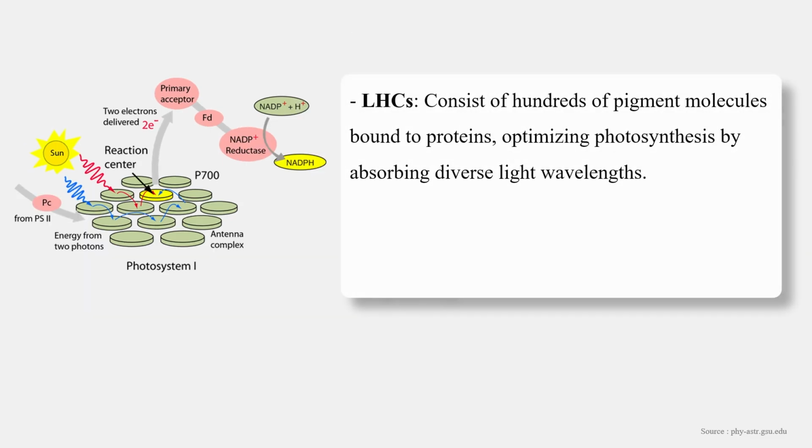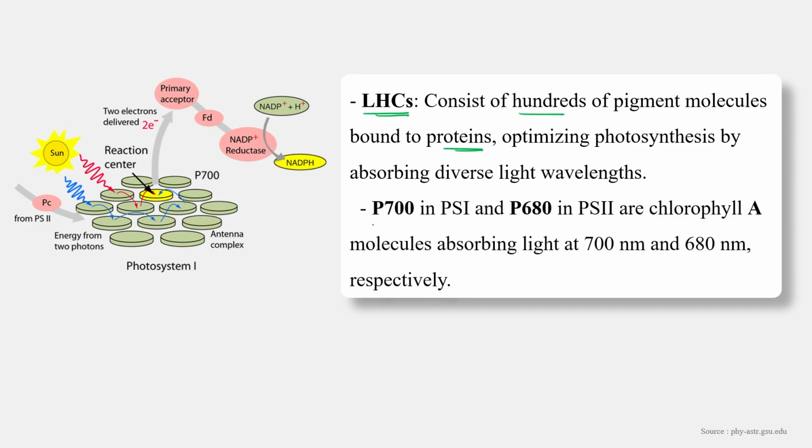Photosystems PS1 and PS2. The light harvesting complex consists of hundreds of pigments bound to protein, and these optimize photosynthesis by absorbing diverse light wavelengths.